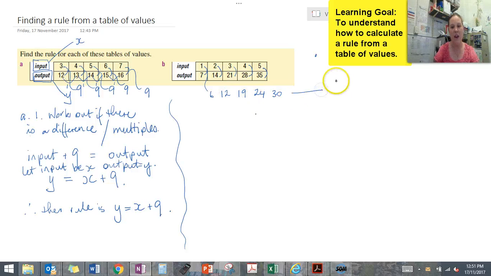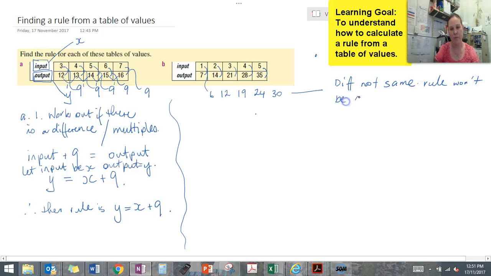So because of that, we're not going to just add a value. Okay, this time we need to look for a different option. So look for multiples.